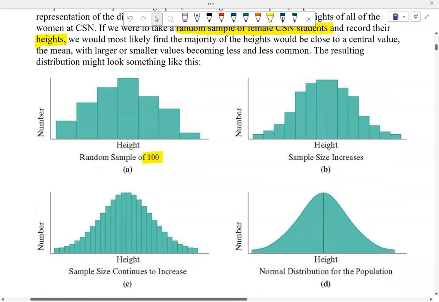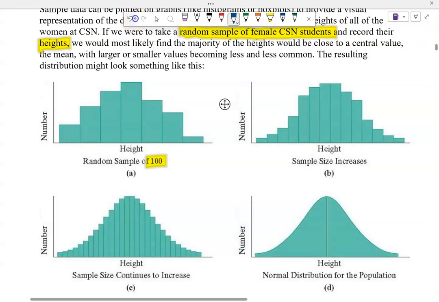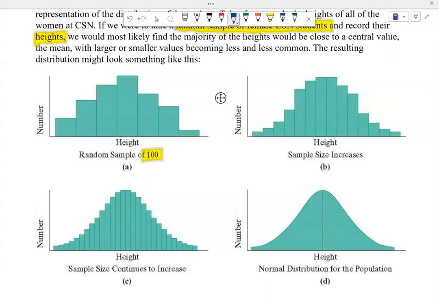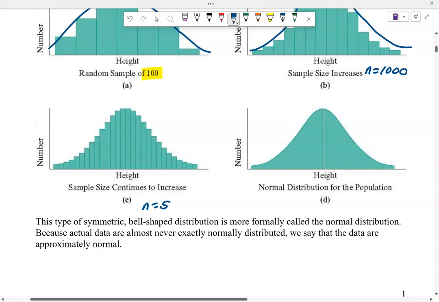But as we take more heights, like maybe a sample of 1,000 students, it looks kind of like that. And as we take even more, maybe 5,000 female students' heights, you can see how it's getting better and better.